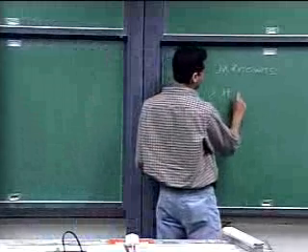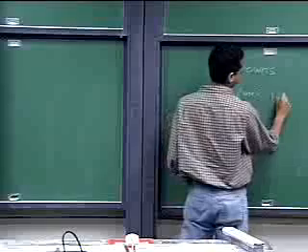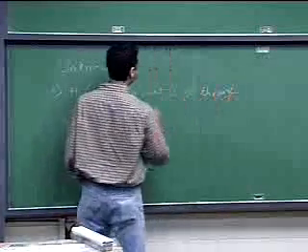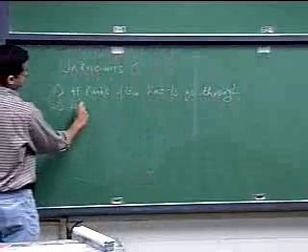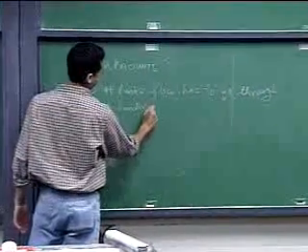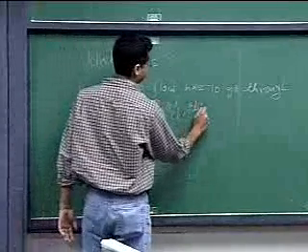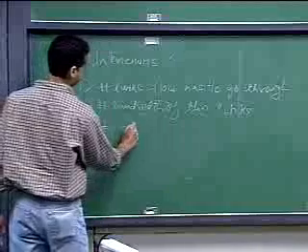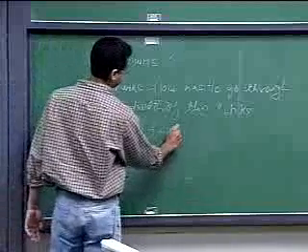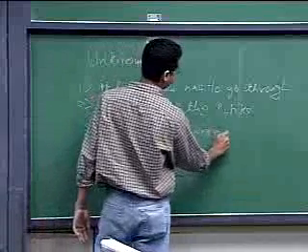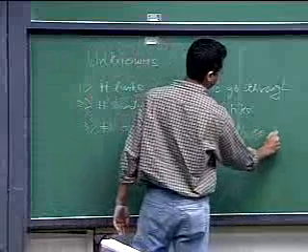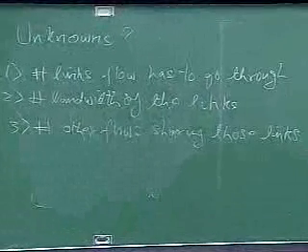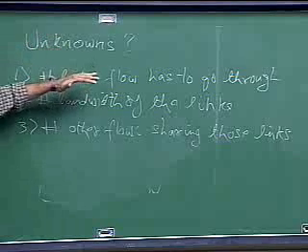Unknowns are the number of links, bandwidth of the links. These are all the unknowns that TCP has to deal with.